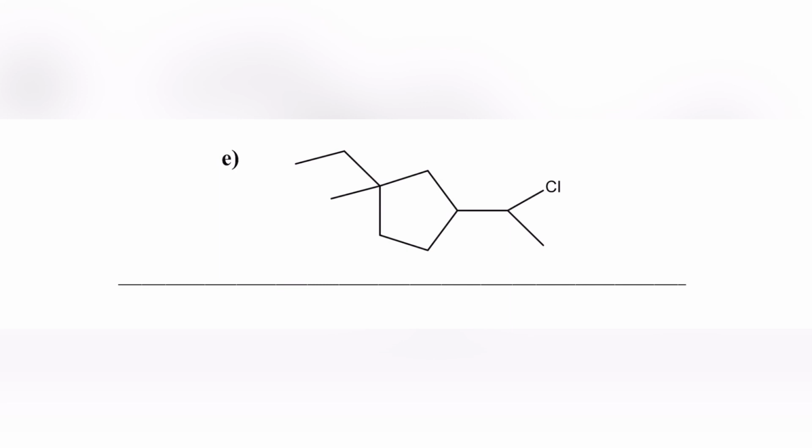And then kita ada last structure, this one, where you can see that the longest carbon chain is our ring. And our ring, we have the first carbon here, second carbon, third, fourth, and fifth. After that, kalau kita lihat, kita ada substituents.